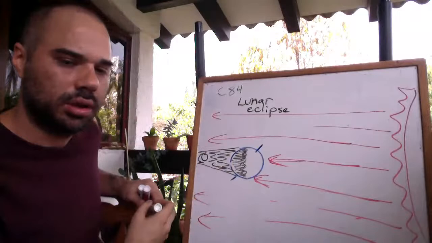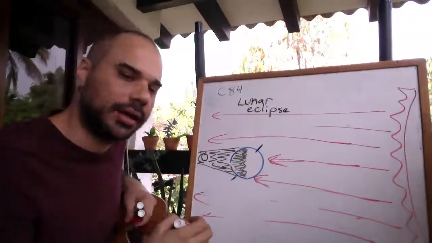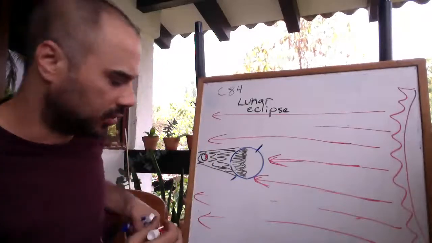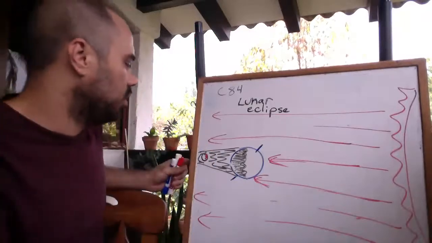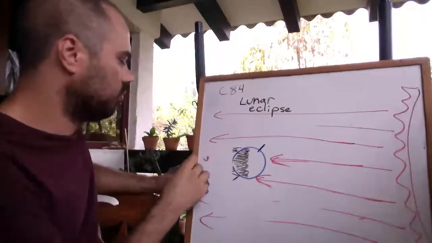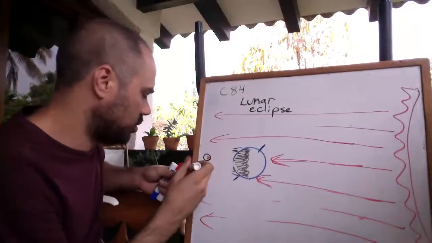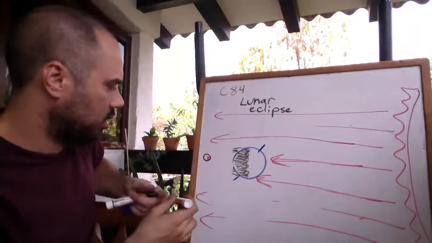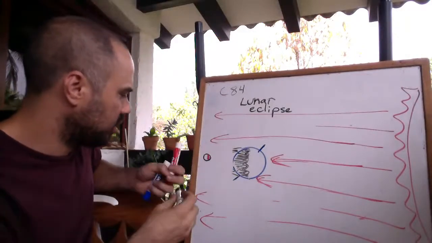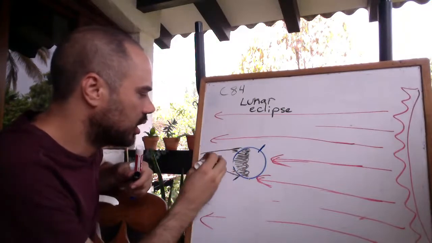blocking the sun. But the color of the moon is not black. It gets a red color. Interesting, right? So this is a lunar eclipse. They are more common, as you can see. You can look at it from many parts of the world.